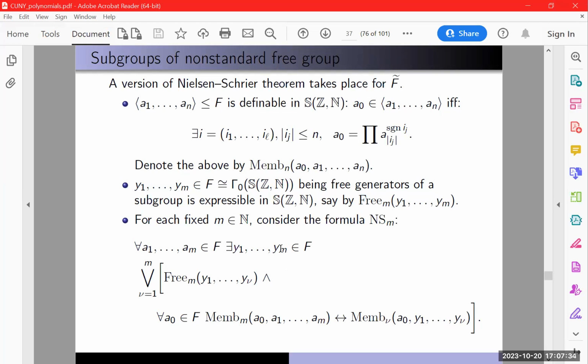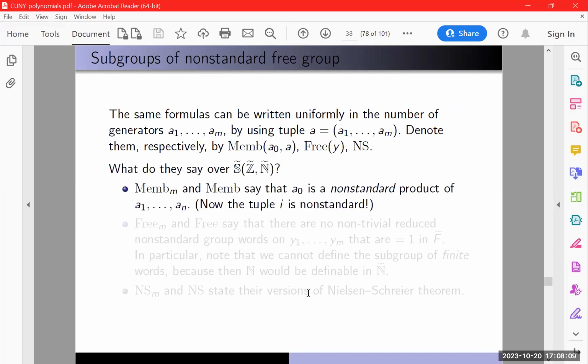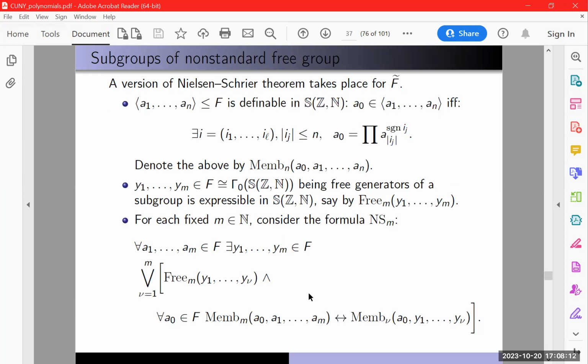Technically I do want this m here, but then I say that one of the following is true. So first, the elements of those y's freely generate a subgroup, and membership in the subgroup generated by y's is equivalent to membership in the subgroup generated by a's. And again, this is a formula not in F, it's a formula of the list superstructure. And then the same formula, and the small detail here is that we could also have been using, instead of an actual formula with m separate variables, a tuple here and a tuple here.